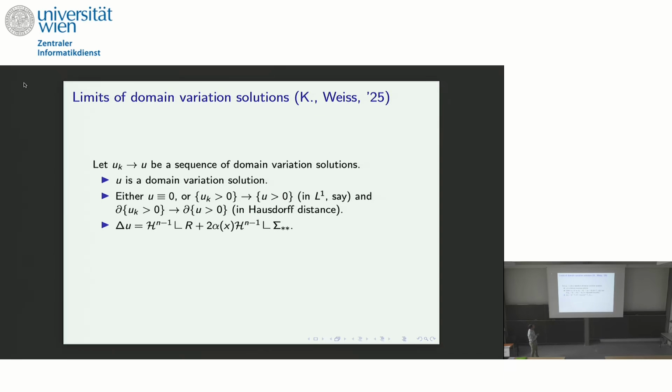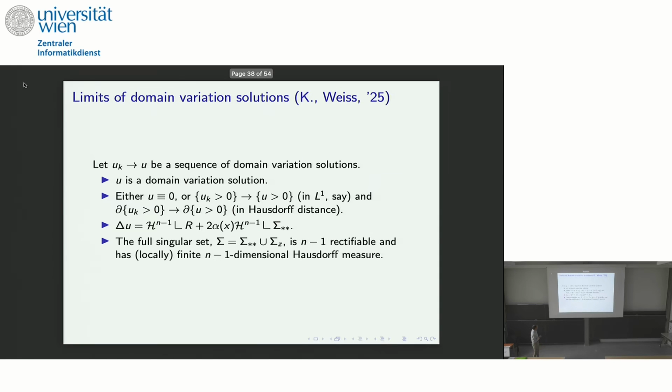You can also write down the Laplacian measure, and that part that was supported on the very singular points where you're little o of r, that's not actually there. That's zero. There's no part like that. And the full singular set, so the points where you're locally like an absolute value, and maybe all the other points here, is n-1 rectifiable.